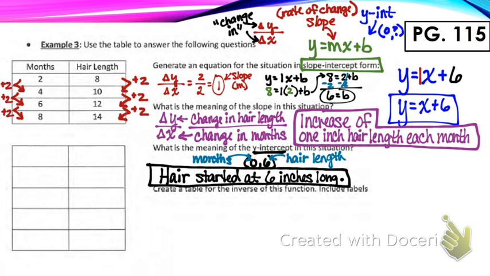All right, then they want me to create a table for the inverse. Inverse means to do what again? Reverse. We are going to switch the input and the output.